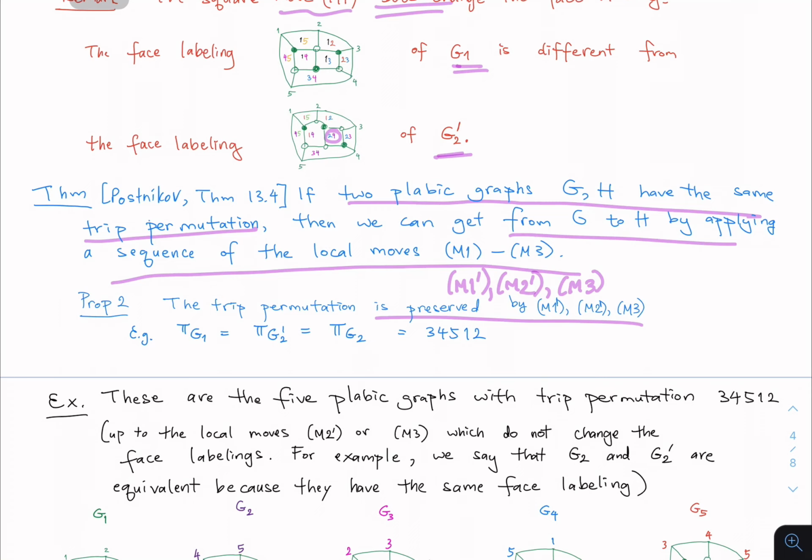And we've seen some examples of that, how G1, G2 prime, and G2 are three different Plabic graphs related by these local moves, and they have the same trip permutation.